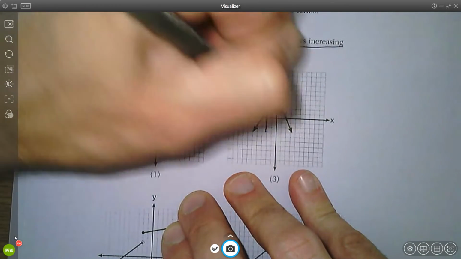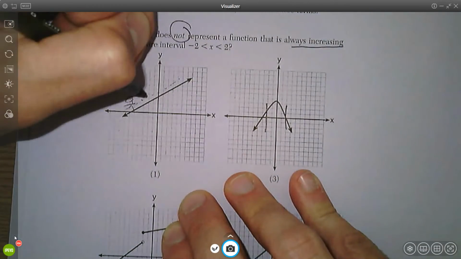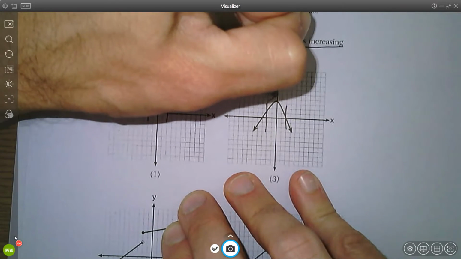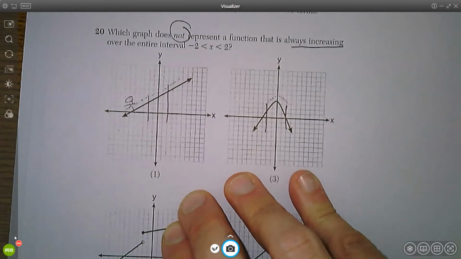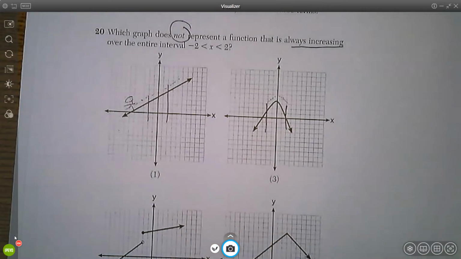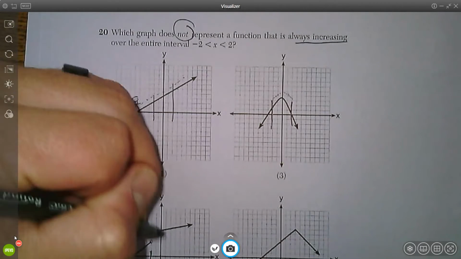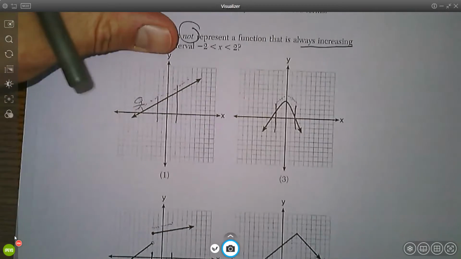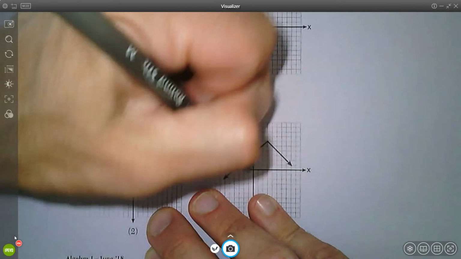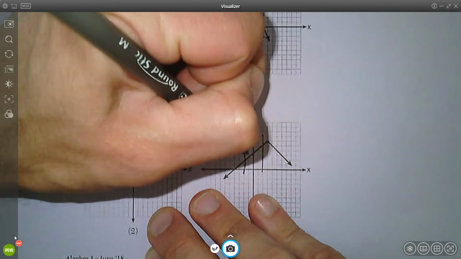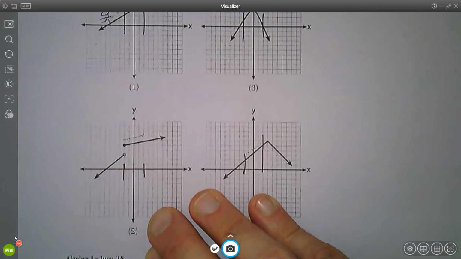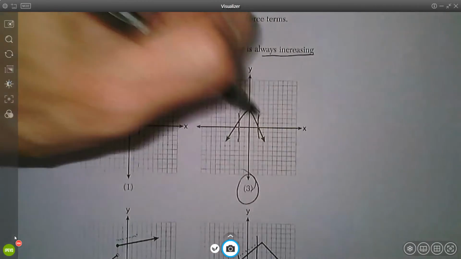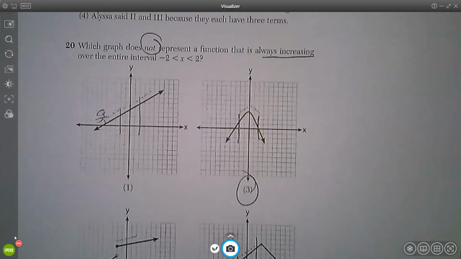From -2 to +2, always increasing. -2 to +2, he's going uphill, then downhill. -2 to +2, always walking uphill. -2 to +2, always going uphill. So the only one that's not always going uphill or increasing is choice 3. It's going up and then down.